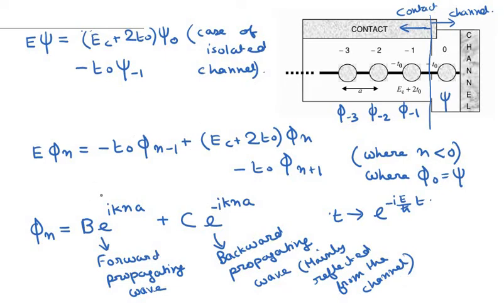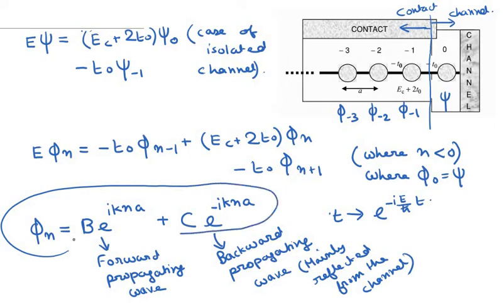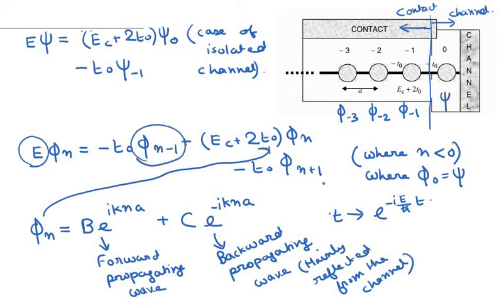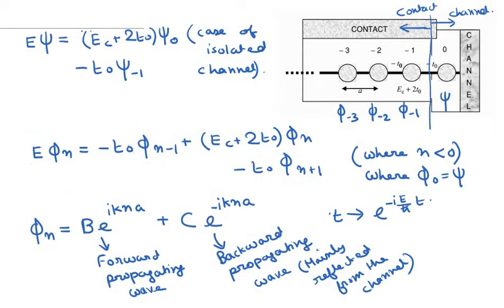Now we have also seen that if this is the solution of this equation, the discretized version of Schrodinger's equation, and if we put the solutions of phi n minus 1 and phi n plus 1 over here, then this energy E basically becomes E equals EC plus 2T0 (1 minus cos Ka).